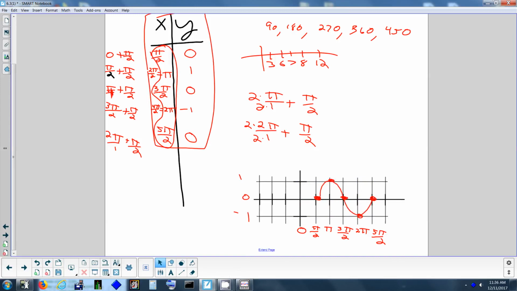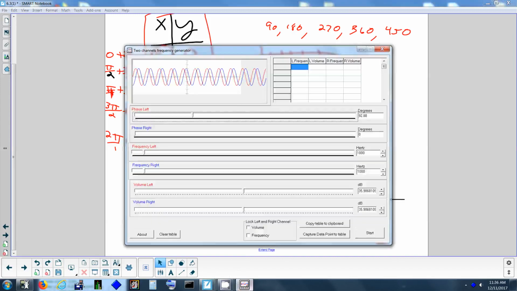All right, let's take a second and hear what that would sound like. I'm going to play a phase shift. Anybody have a guess what it's going to sound like if I do a phase shift? No change in the sound at all?